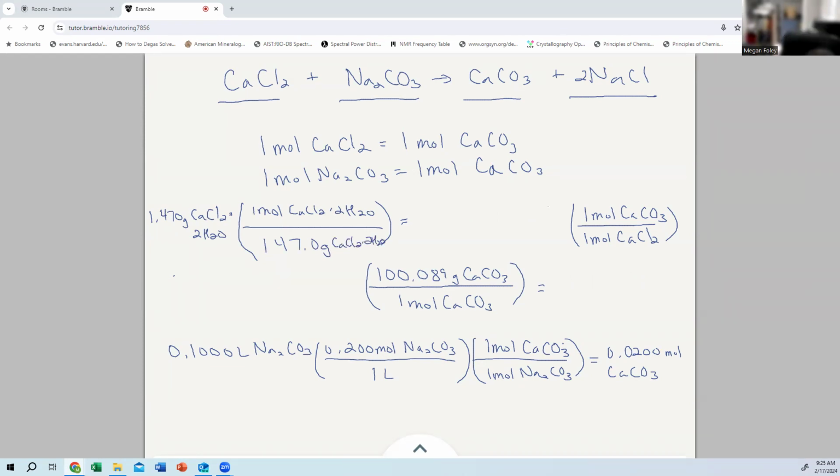Which gives us 0.0100 moles of CaCl2·2H2O, which gives us 0.0100 moles of CaCO3.